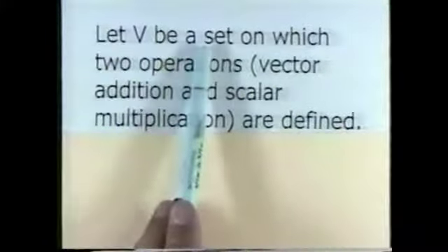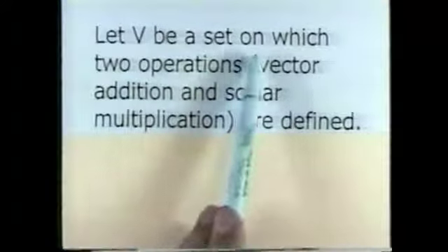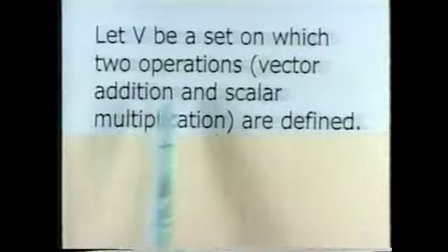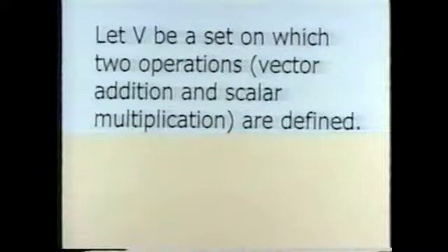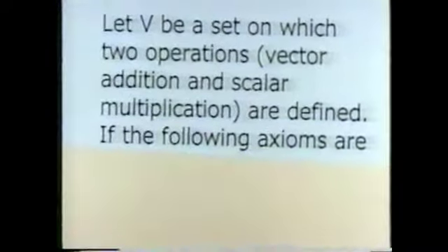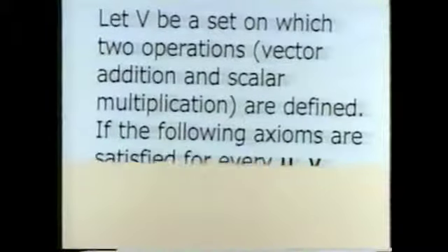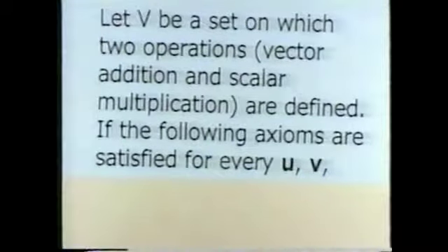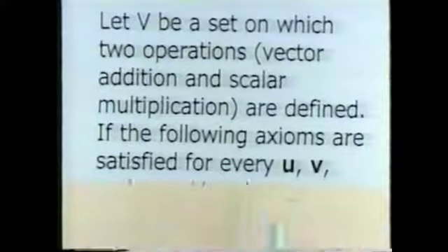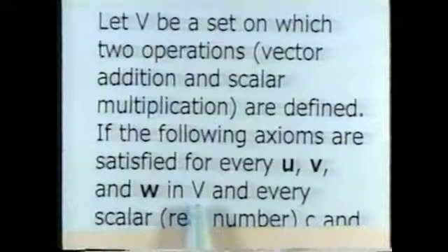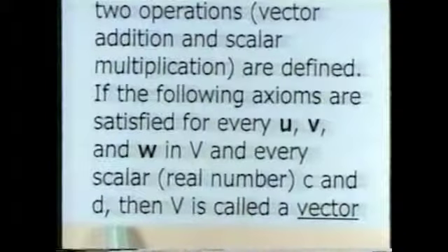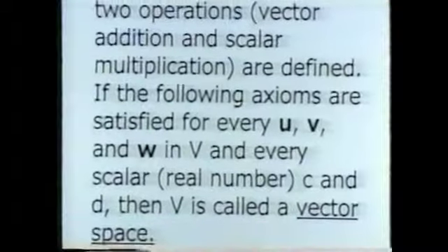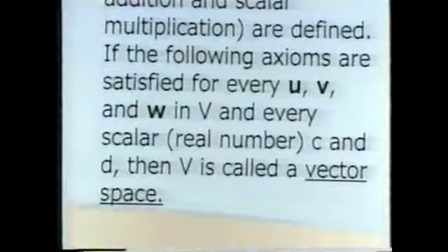Let V be a set, any set, on which 2 operations, vector addition and scalar multiplication, are defined. If the following axioms are satisfied for every vector u, v, and w in V, and every scalar c and d in the set of real numbers, then V is called a vector space.